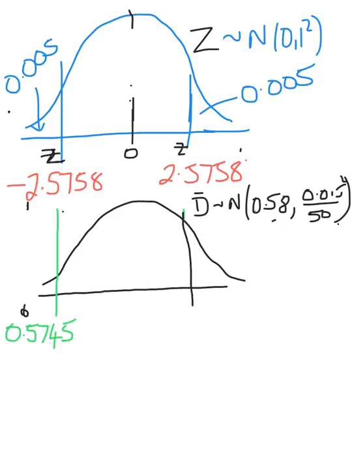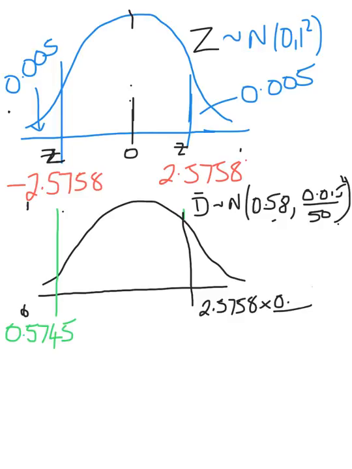So that will give me 2.5758 multiplied by 0.015 over root 50.